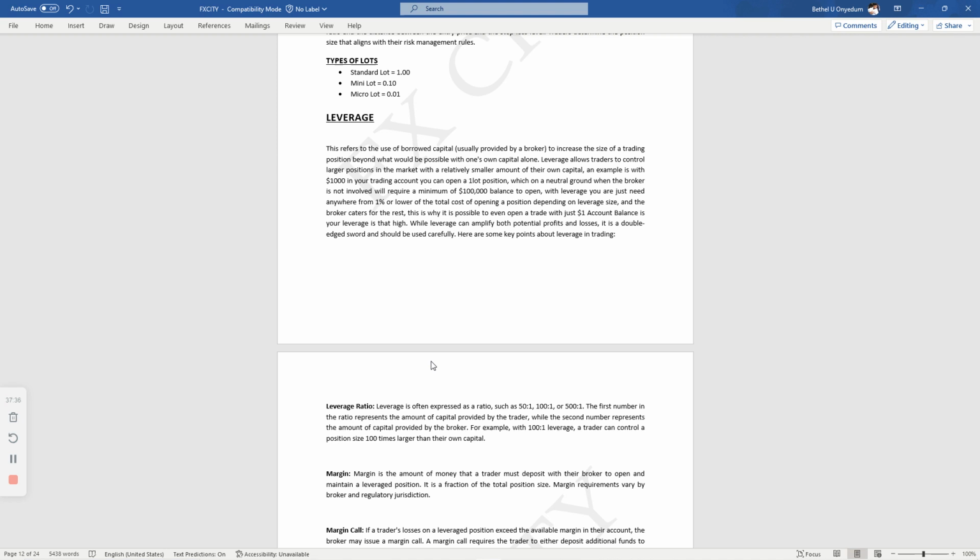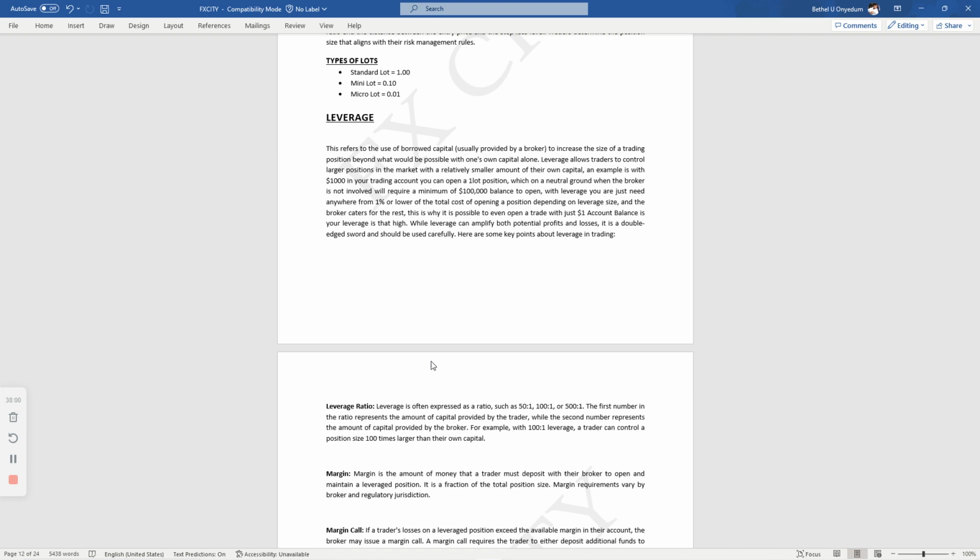They will leverage your account in a way that matches this. So leverage can range anywhere from 1 to 100, 1 to 200, 1 to 500, 1 to 1,000, 1 to 5,000.